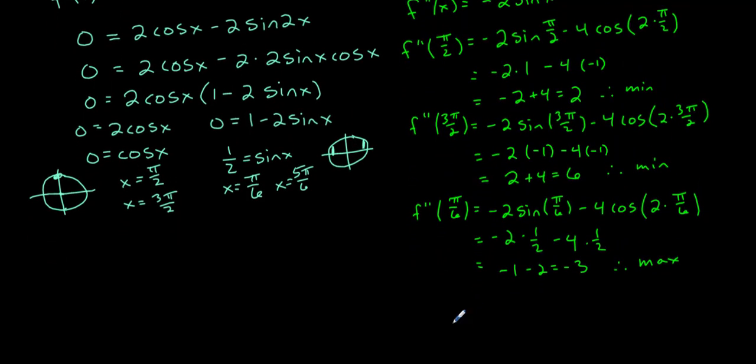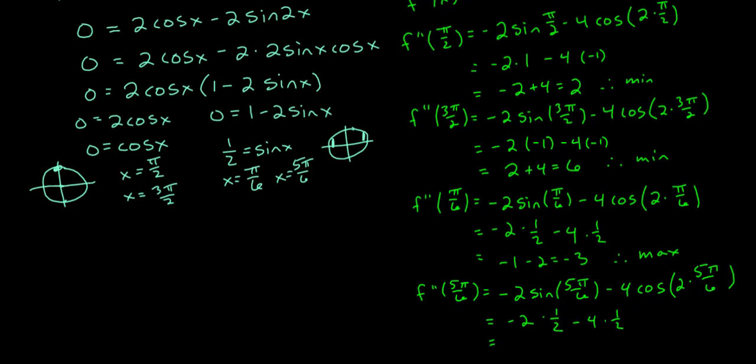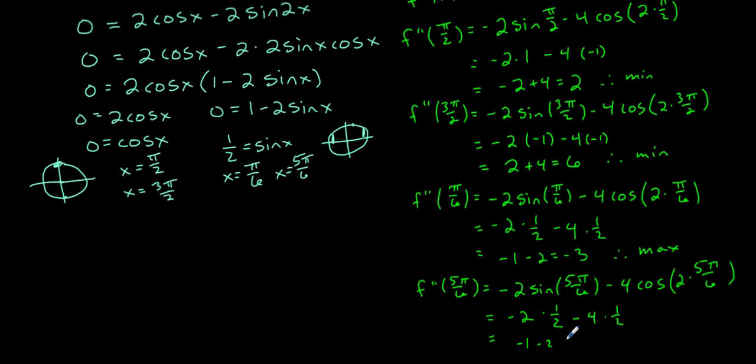And finally, f double prime of 5 pi over 6. Sine of 5 pi over 6, still half. Cosine of 5 pi over 3 would be half. 1 minus 2, negative 3, therefore maximum.